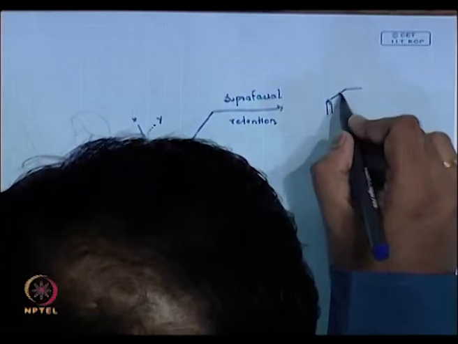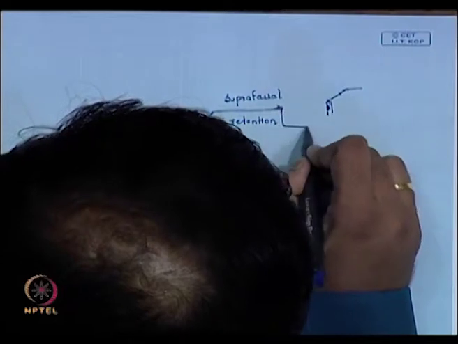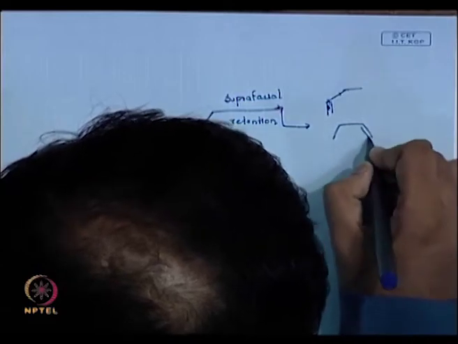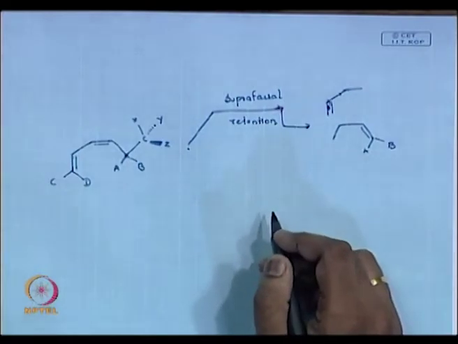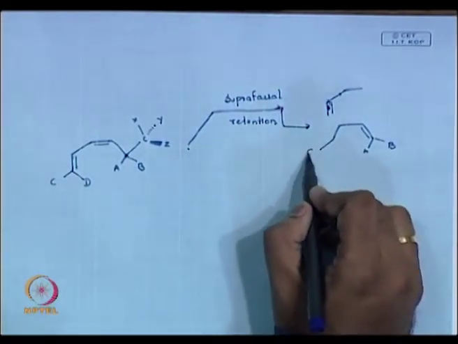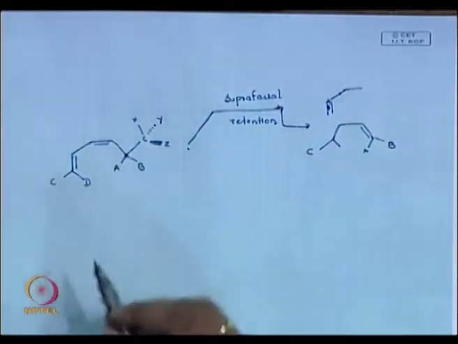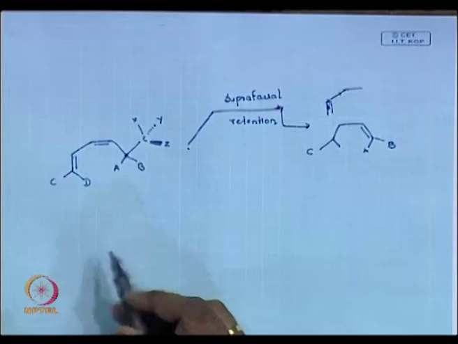Okay, sorry. A, and then you get a B, then you have your C. Okay. Just try to draw this suprafacial retention, because I want to see. I will come back, I will take a new paper. You guys try it. What are the things you can draw?